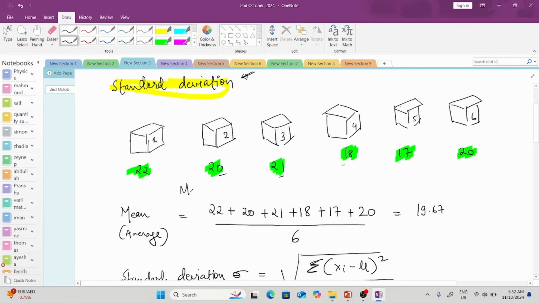Mean is nothing but the sum of all values divided by the number of values. You have 6 values: 22 plus 20 plus 21 plus 18 plus 17 plus 20, divided by 6, and you will get the average or mean.